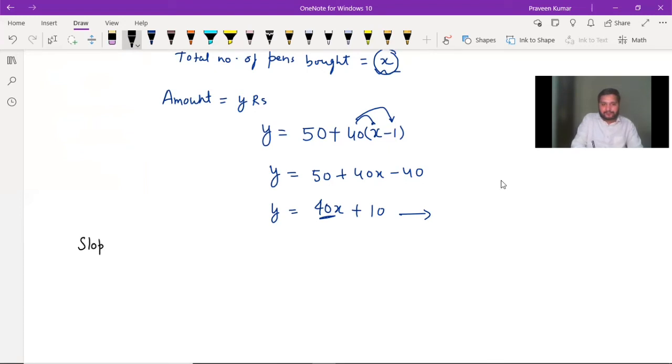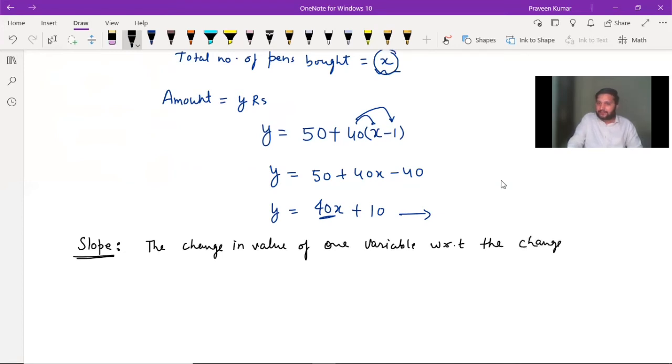Slope. So slope is basically the change in value of one variable with respect to the change in value of another variable.